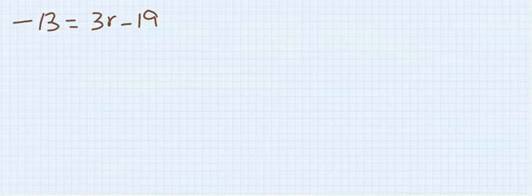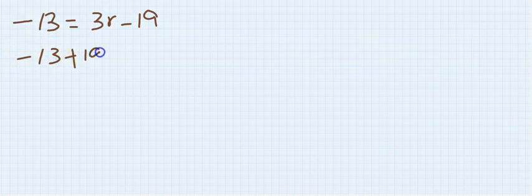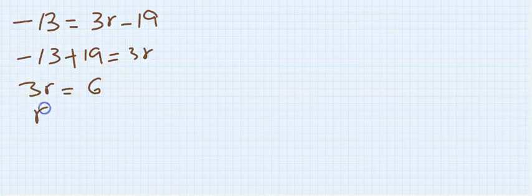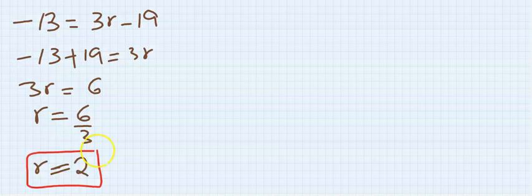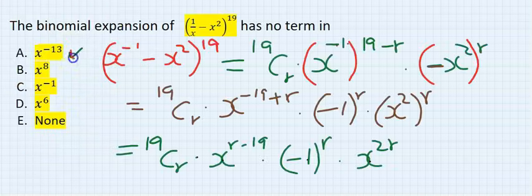Next is to find r. So I'm going to have minus 13 plus 19 is equal to 3r. 3r is equal to 6. r is 6 over 3. r is 2. Because we got a whole number, this has a term.